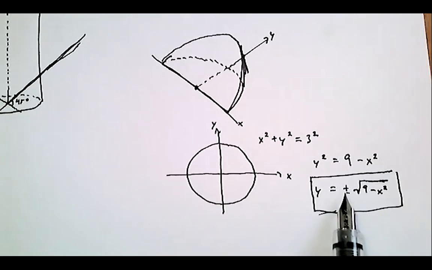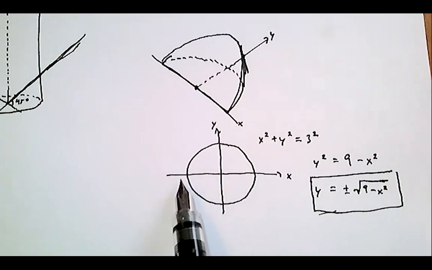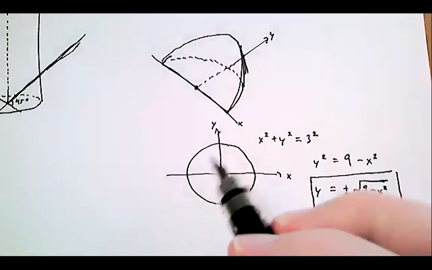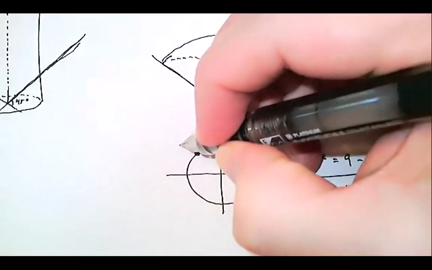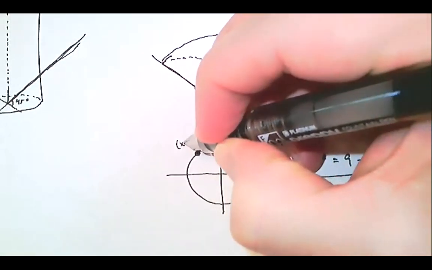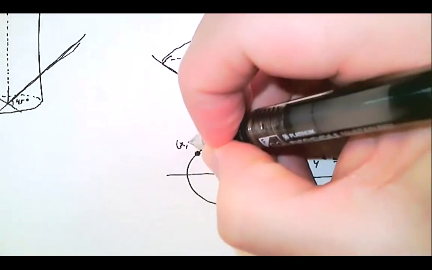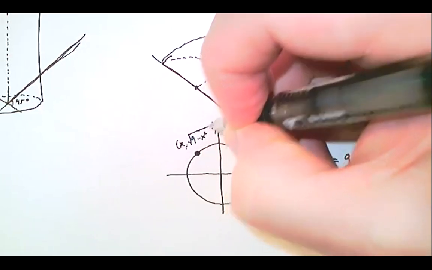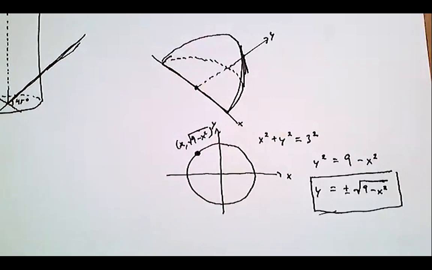And the positive part of this formula is the one that we need for the upper half of the circle. The negative y coordinates correspond to the bottom. So if we want to find this particular position, it would be x and then plug x into the formula with a positive sign. So it's the square root of 9 minus x squared. Okay, that's my ordered pair.